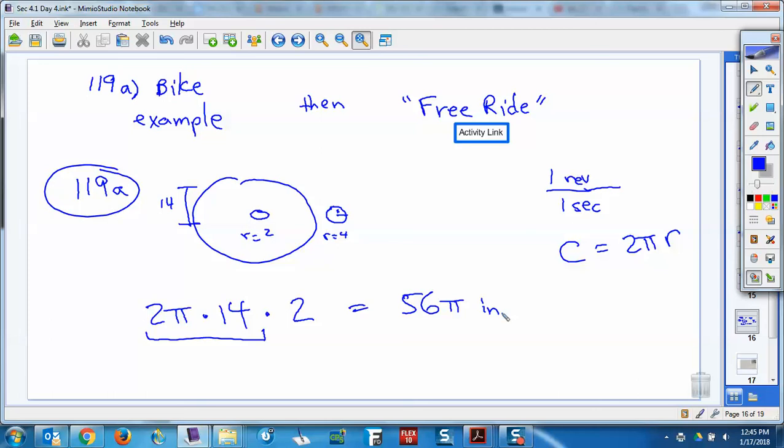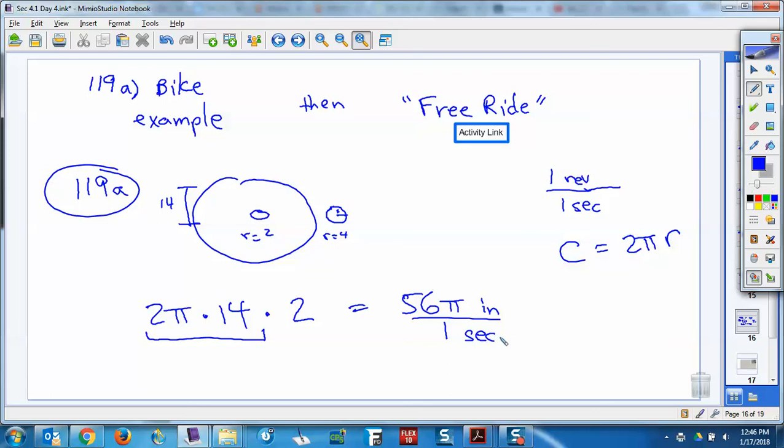So this is just inches times 2, just 2 because it goes around twice. So that's inches. And remember, we just pedal 1 time around every, what did it say? We're doing 1 revolution per second. So this is going to go around twice in 1 second. So what we just found is inches per second.